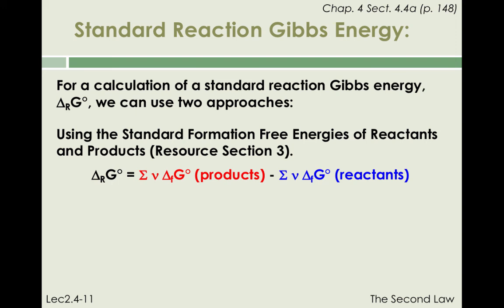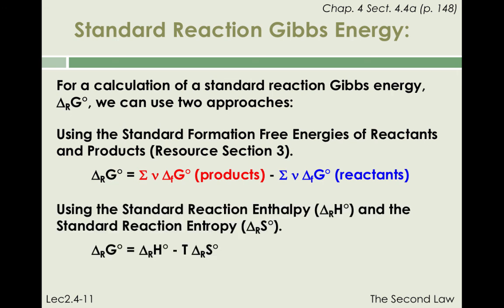Delta FG standards are listed for a large number of compounds in the same table at the back of your book you use for standard formation enthalpies, delta FH standard, molar entropies, SM standard, and molar heat capacities, CPM standard.